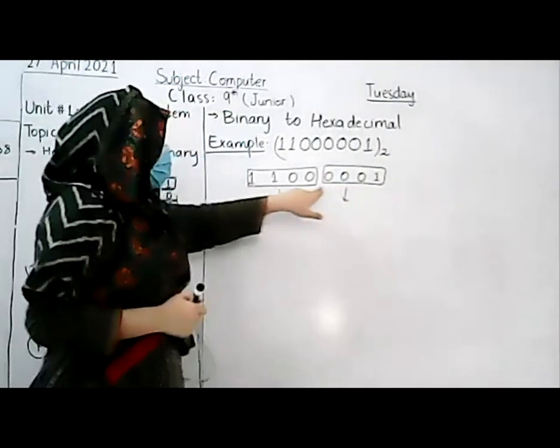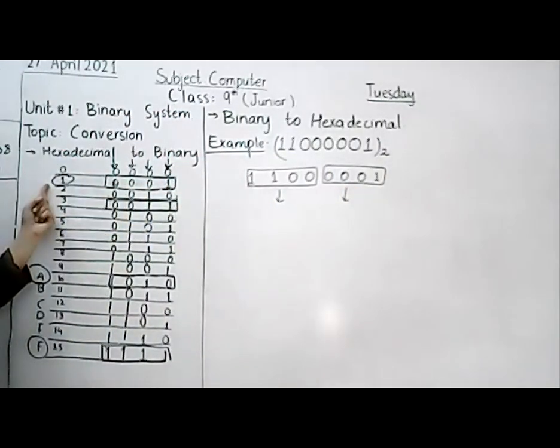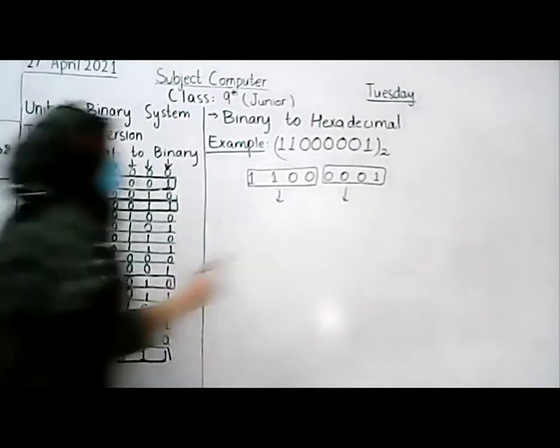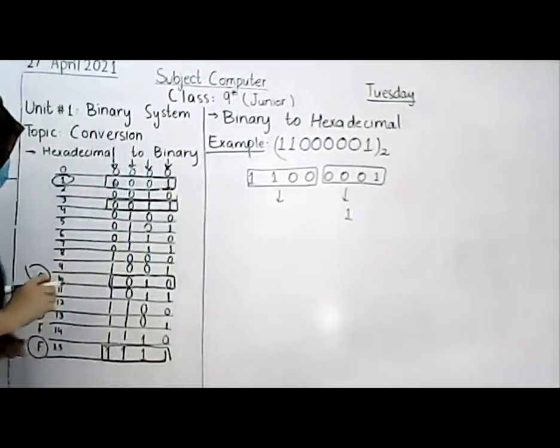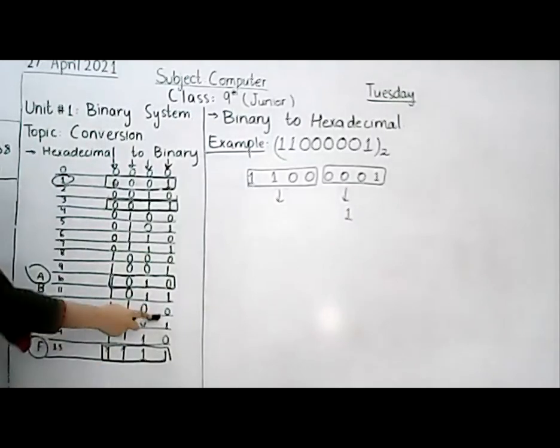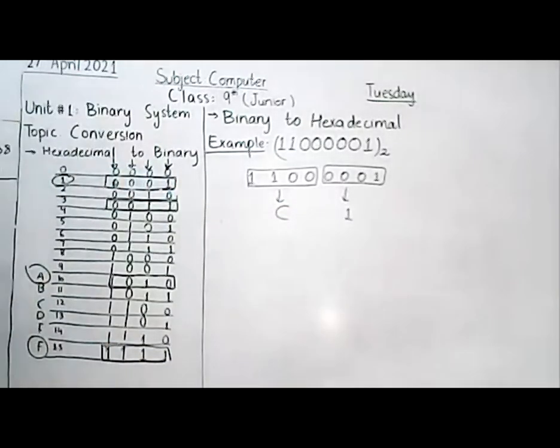1, 0, 0, 0. 1, 0, 0, 0. So the answer will be 1. 1. Very good. Then 0, 0, 1, 1. 0, 0, 1, 1. This one. Yeah. 0, 0, 1, 1 is 12, and the answer will be C. C, right?